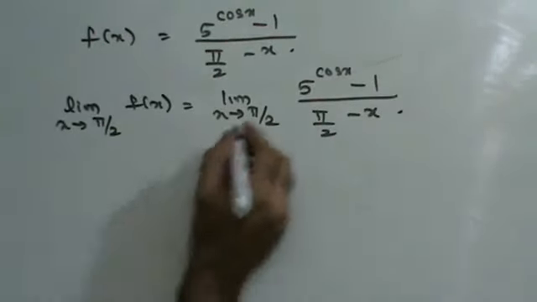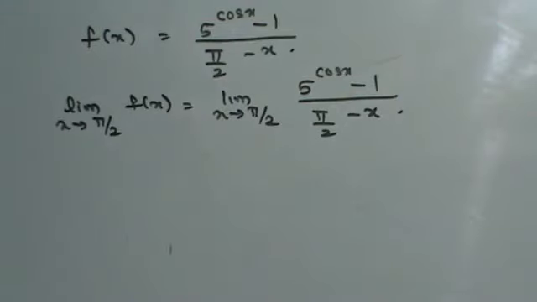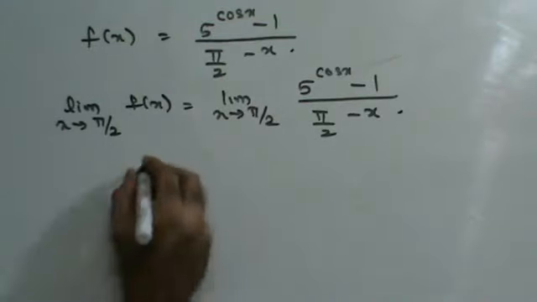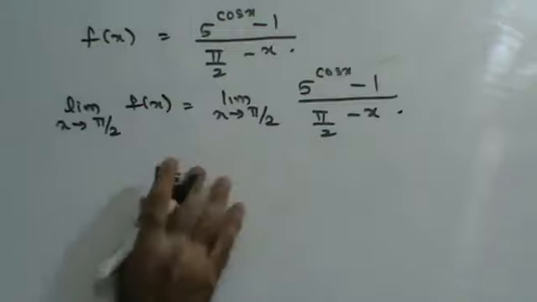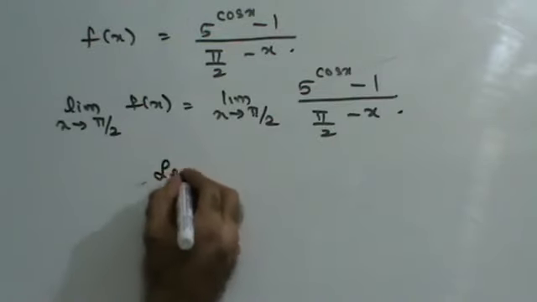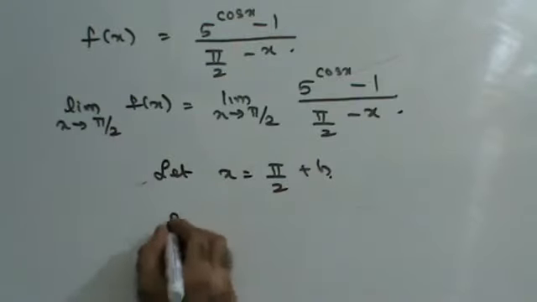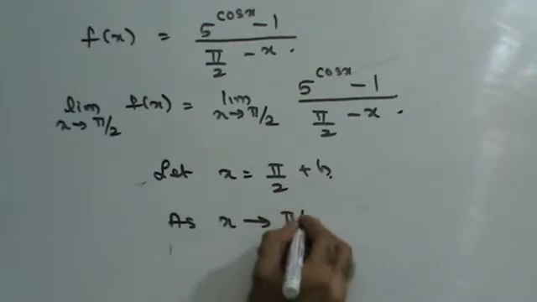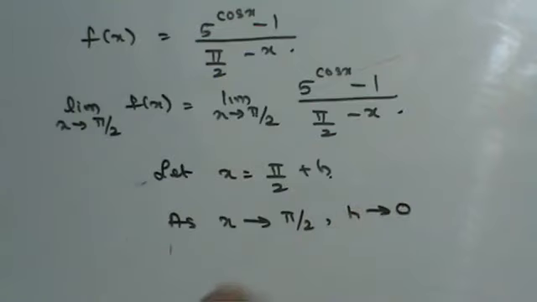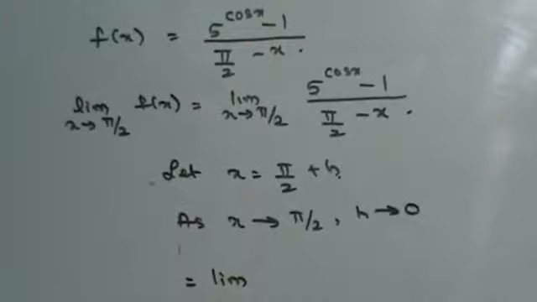Fine. Now, as x does not tend to 0, you have to make it tend to 0. How do you make it equal to 0? You will say let x be equal to pi by 2 plus h. As x tends to pi by 2, h tends to 0. Leave the left hand side as it is, make the changes on the right hand side.